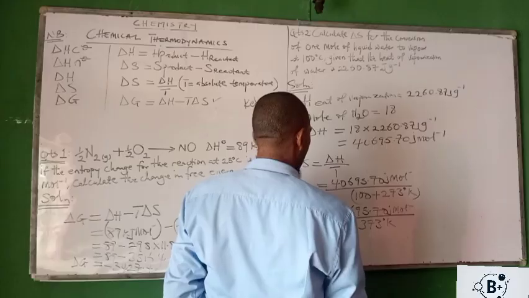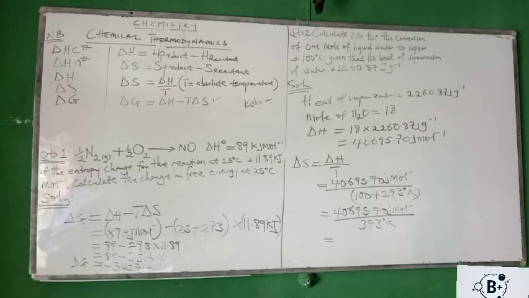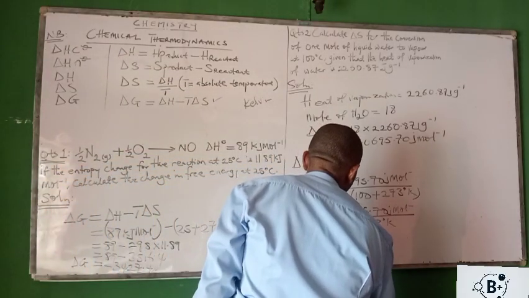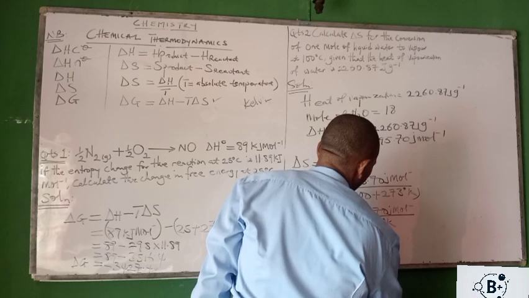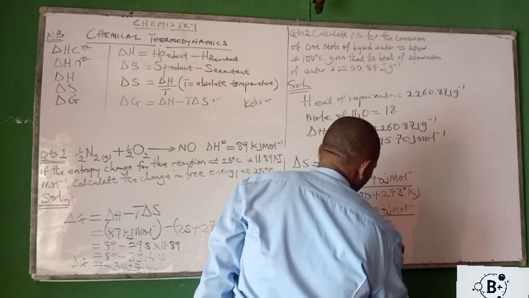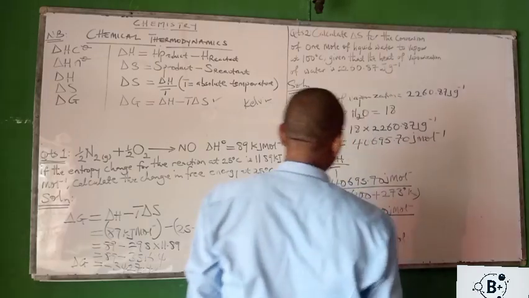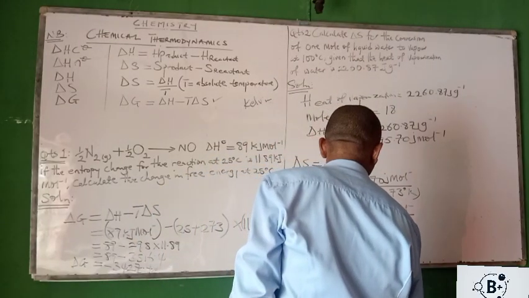So this is now going to give us, if we compute this, 109.10 joule per Kelvin per mole. So this will be the final answer.